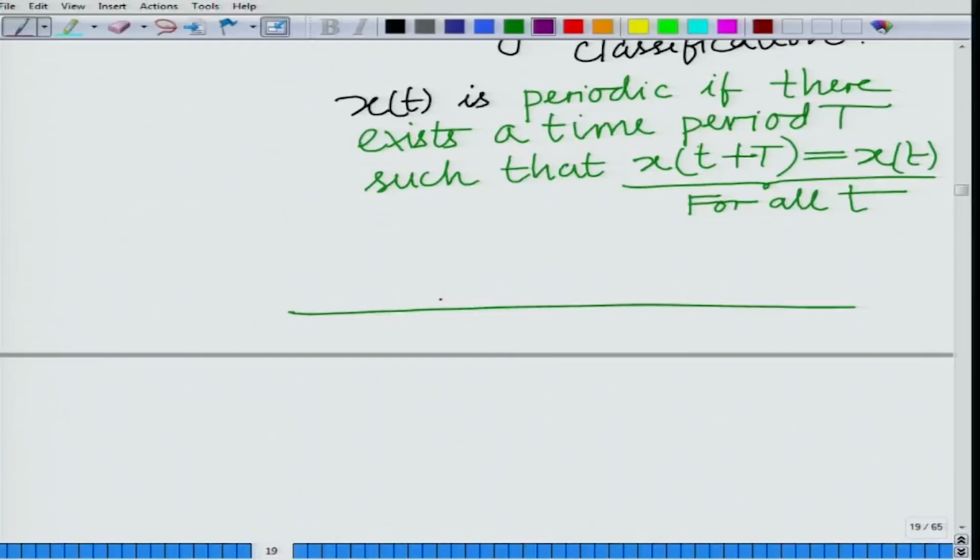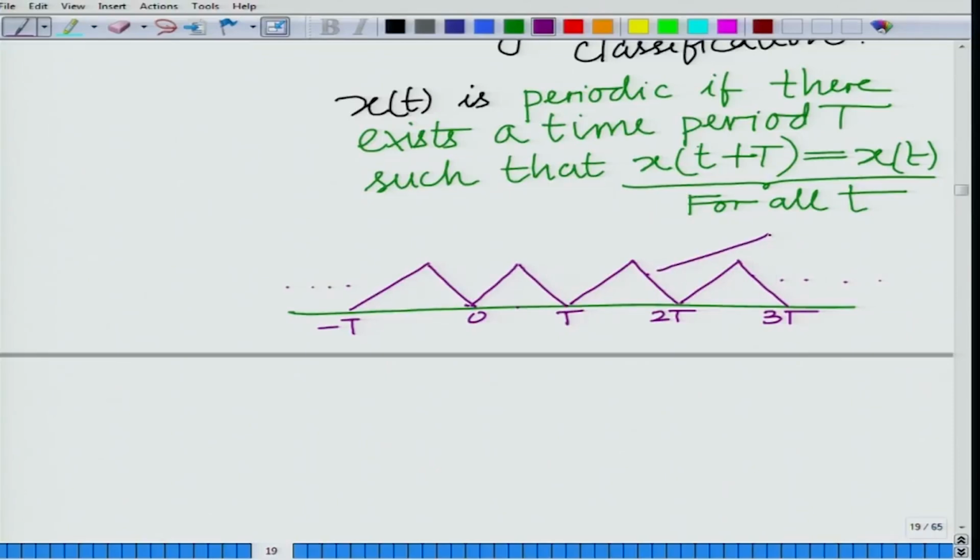For instance, let us consider a periodic triangular wave, okay. So, this is 0, this is T, this is 2T, 3T, minus T, and so on. And you can see all the values, for instance, if you look at this particular value and if you look at T later, these are all the same.